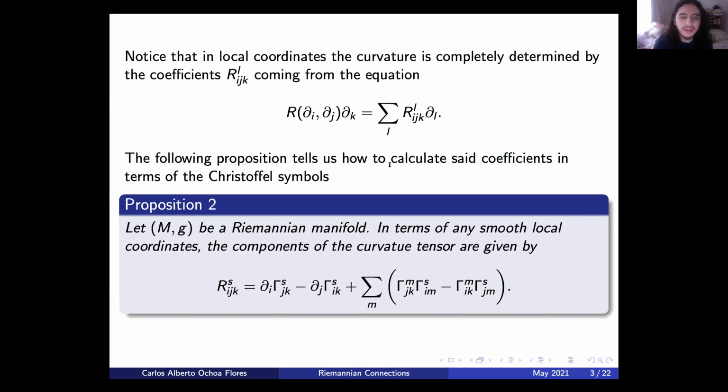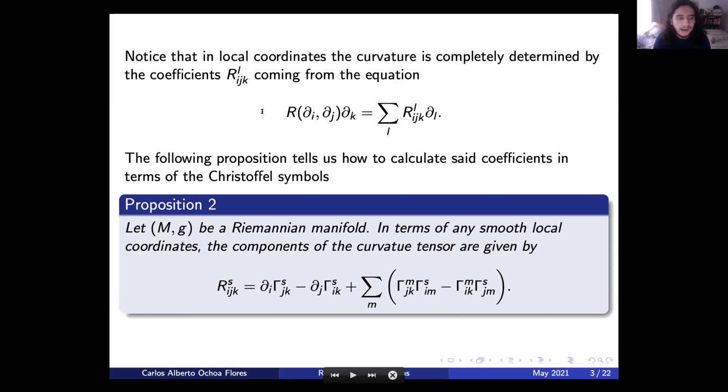Now you evaluate the tensor on 3 local coordinate vectors, i, j, k, and then you obtain their image in terms of the local coordinate basis, and the component belonging to the l-th coordinate vector is the component R_ijk^l. So that's what this symbolizes.